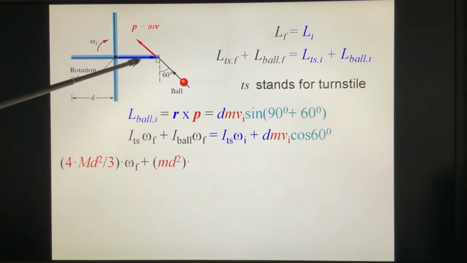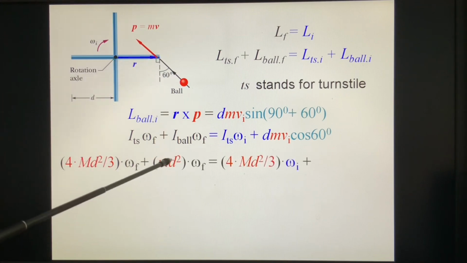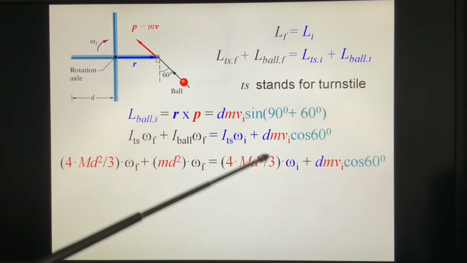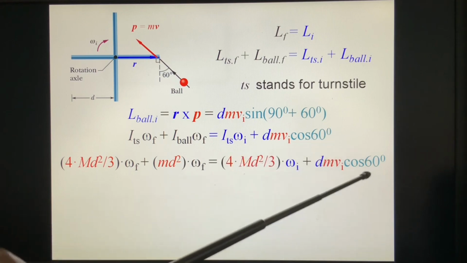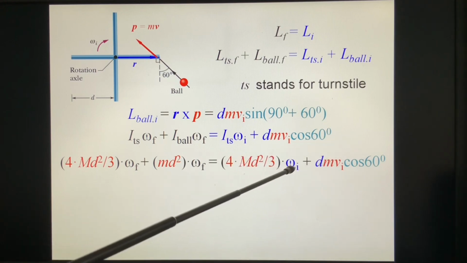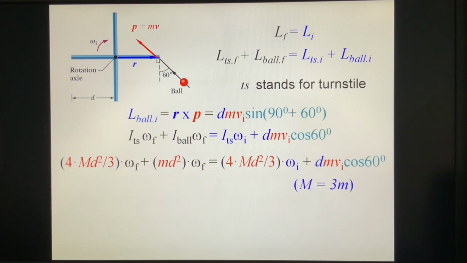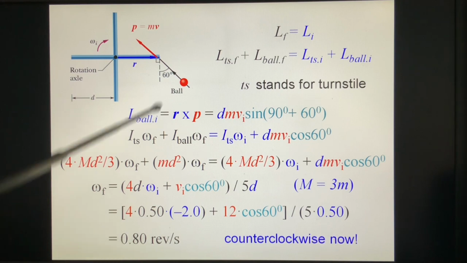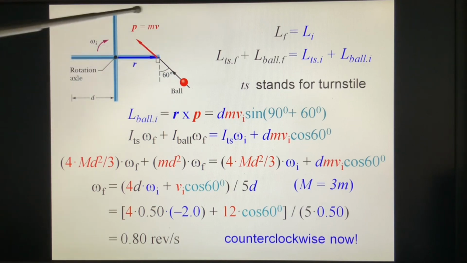The ball is stuck here, so that's equal to m d squared. And this one is 4 M d squared over 3. This one you have calculated. This one is given. This one is fine. So finally, we find omega_f equal to 0.80 revolutions per second. This is a positive number. What does this mean? That means after the hit, the turnstile rotates counterclockwise.